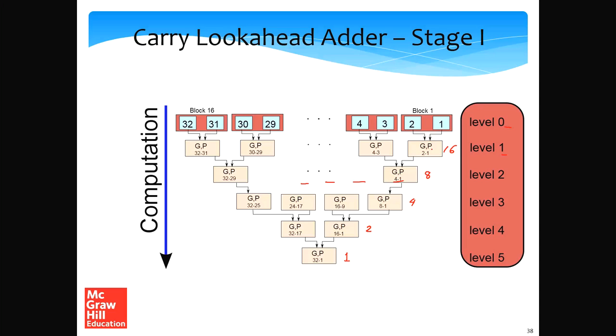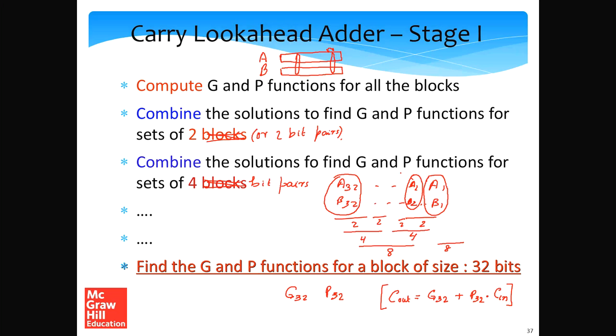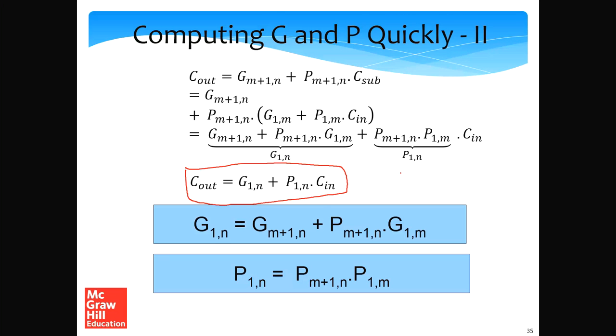So for example, the GP circuit here will compute the GNP functions for the first two bit pairs, this for the third and fourth bit pairs, and then we gradually shall merge. So the GP function here will take the GP functions of this unit and this unit and merge them as per this equation, right? So what needs to be done? You need an OR gate and an AND gate, very simple.